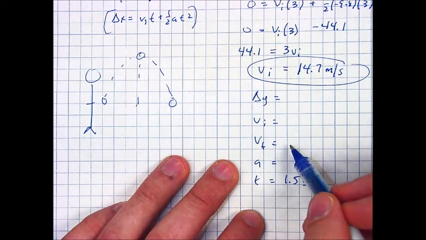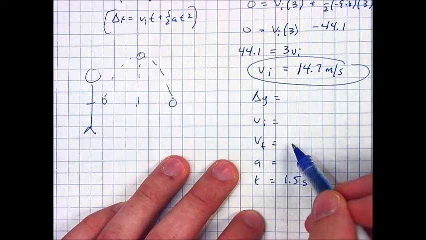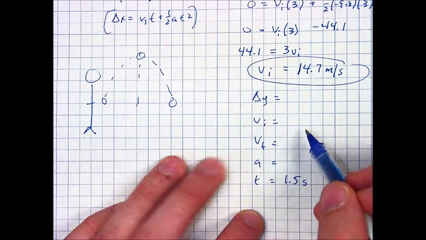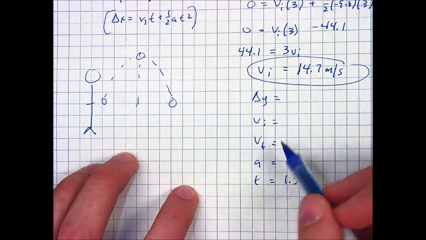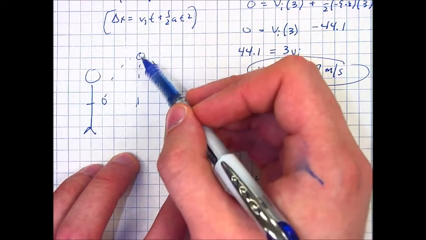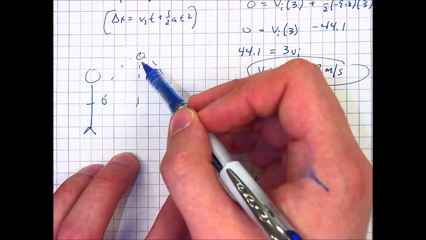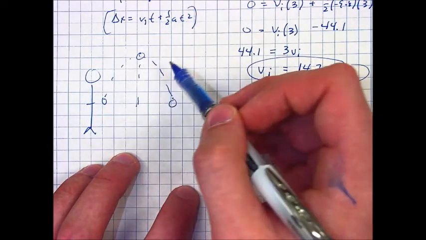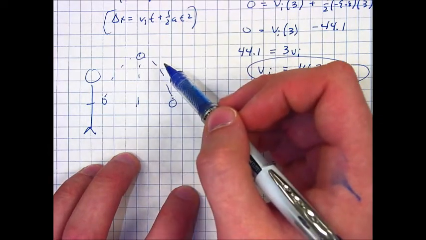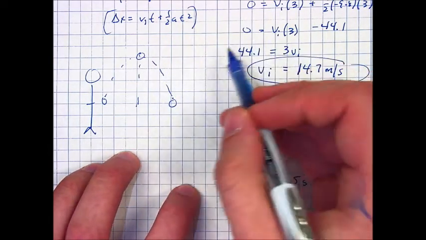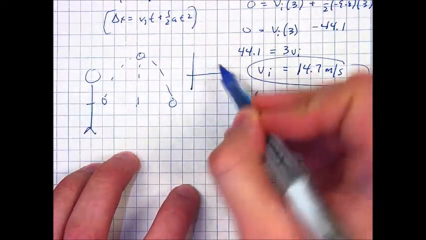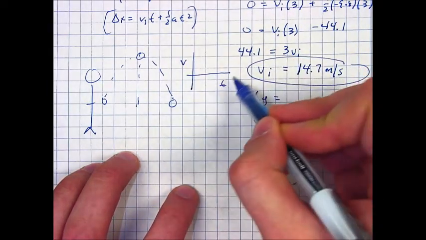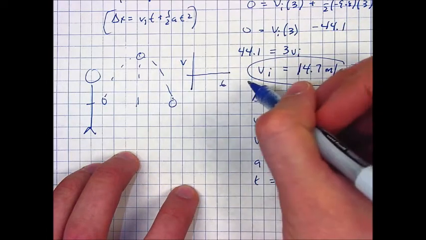However, there is one new piece of information that we can plug in that we didn't have for the whole entire trip. That is that at the max height, the object comes to a stop. We know this because it's changing directions. We could look at a velocity versus time graph.